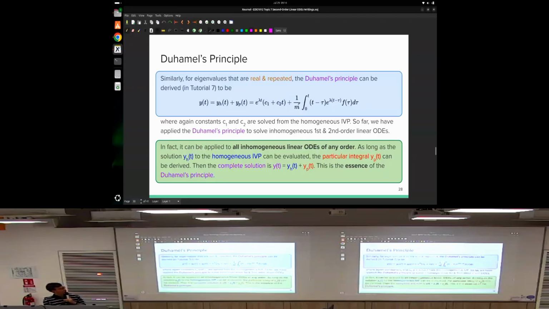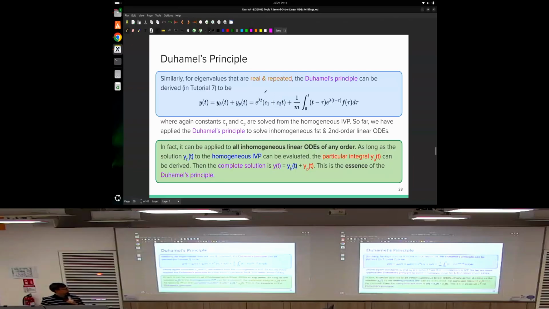We have gone through Duhamel's principle already for the second order linear ODEs, and the solution is always comprised of two parts. First, the homogeneous solution, which there is no need to rederive. If the question is homogeneous, meaning there is no excitation term, then you just find the eigenvalues, and from the eigenvalues you decide which solution form to use.